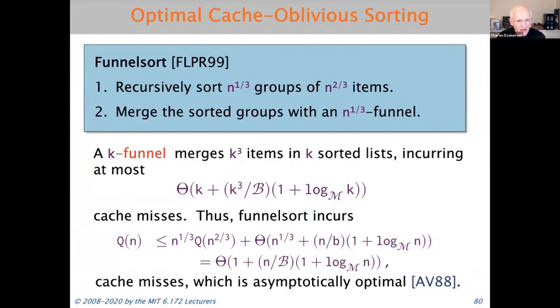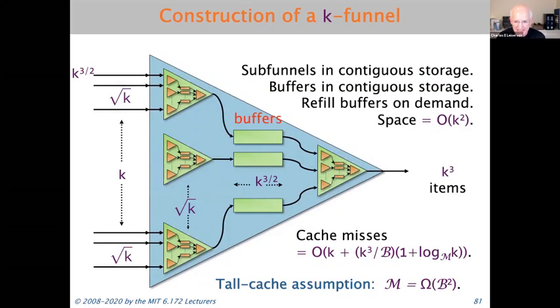This is a little bit of what the cache-oblivious sorting algorithm looks like. It's called funnel sort, and it's got a bizarre divide and conquer, but it's optimal.